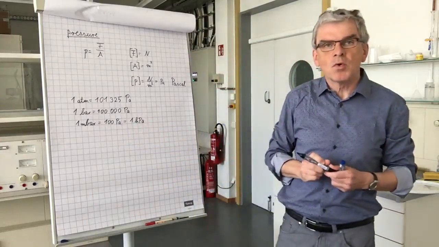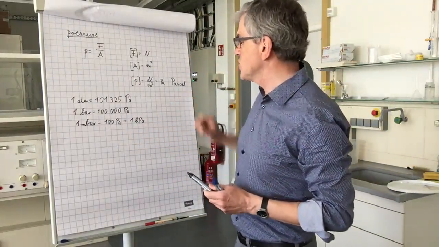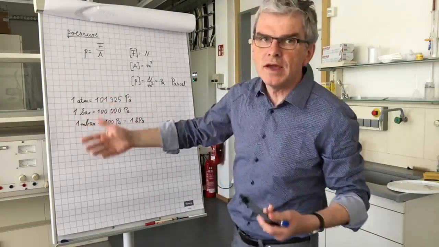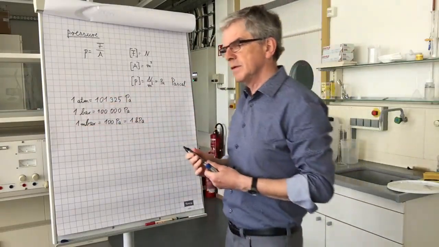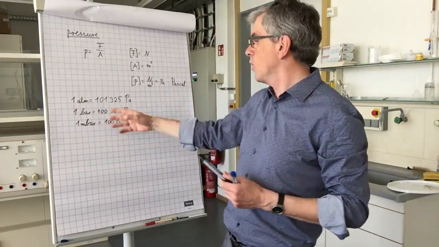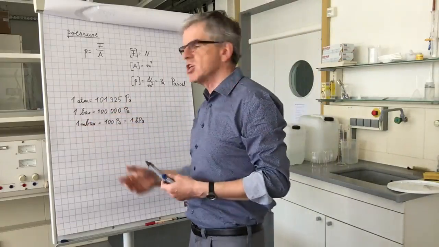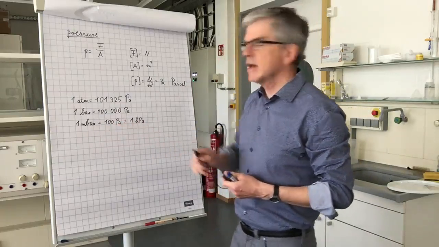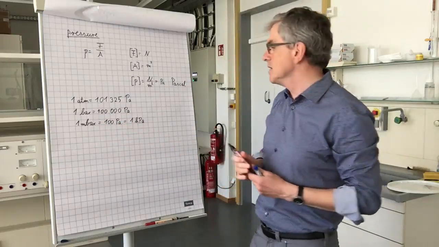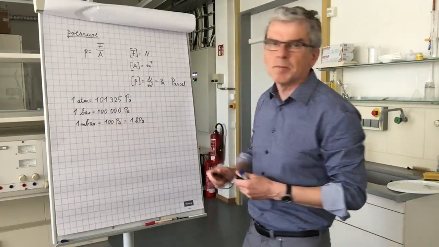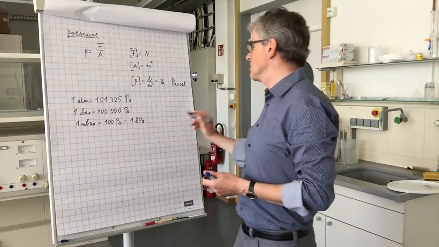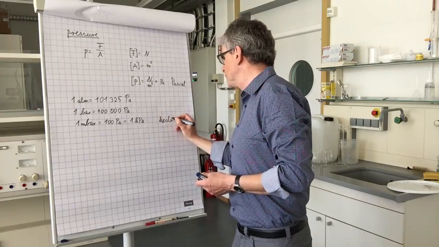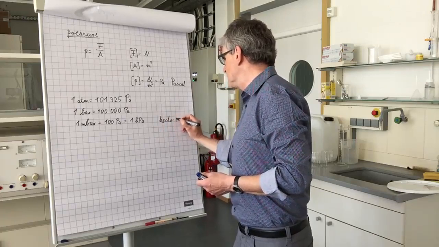So in the weather report, in the old days, the weather guy reported the air pressure as so and so many millibars. When they switched to SI units, to the Pascal, they simply switched from millibar to hectopascal, and everything else was identical. So this is hectopascal.